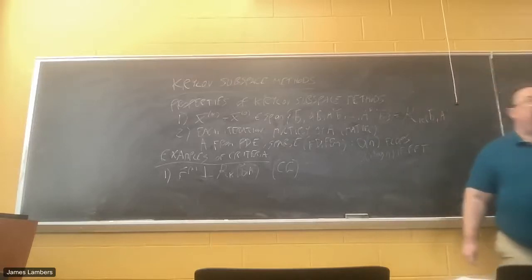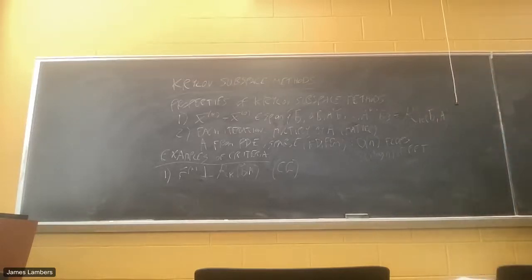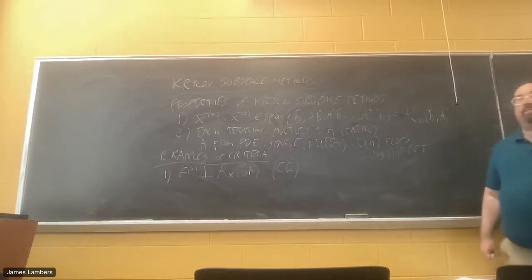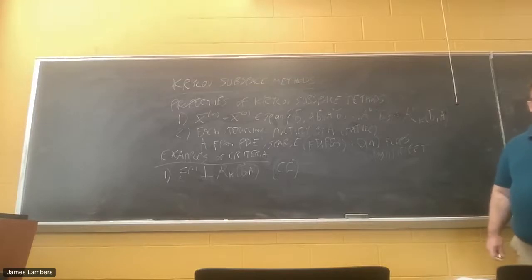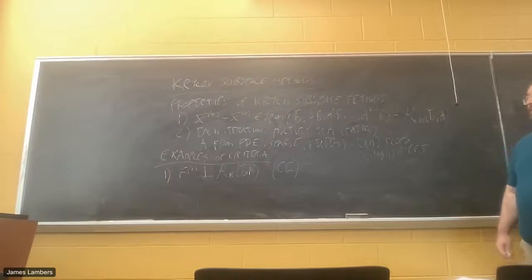Now, some of you may have heard of what's called the method of steepest descent. In that case, for each new iterate, you just follow a direction of the residual, and you find a vector along the direction of the residual that gets you closest to the solution.